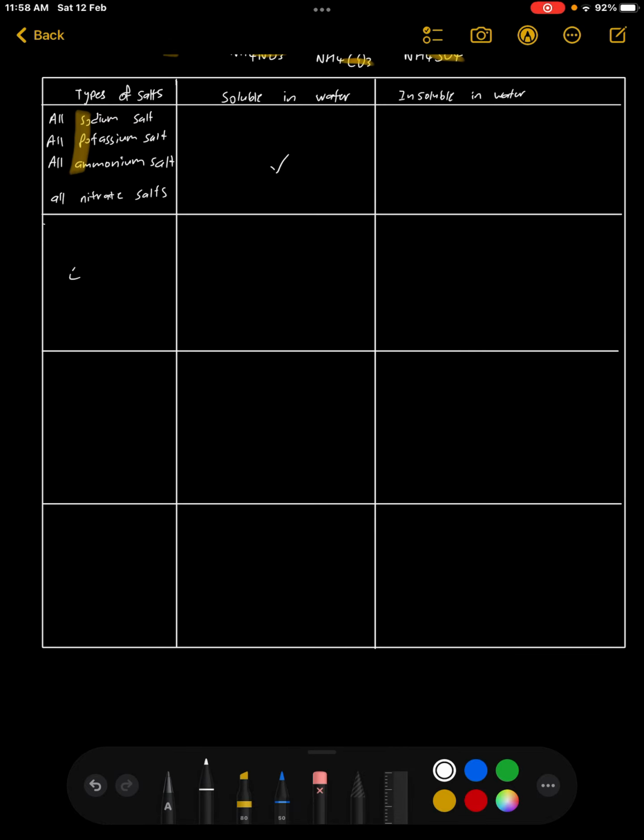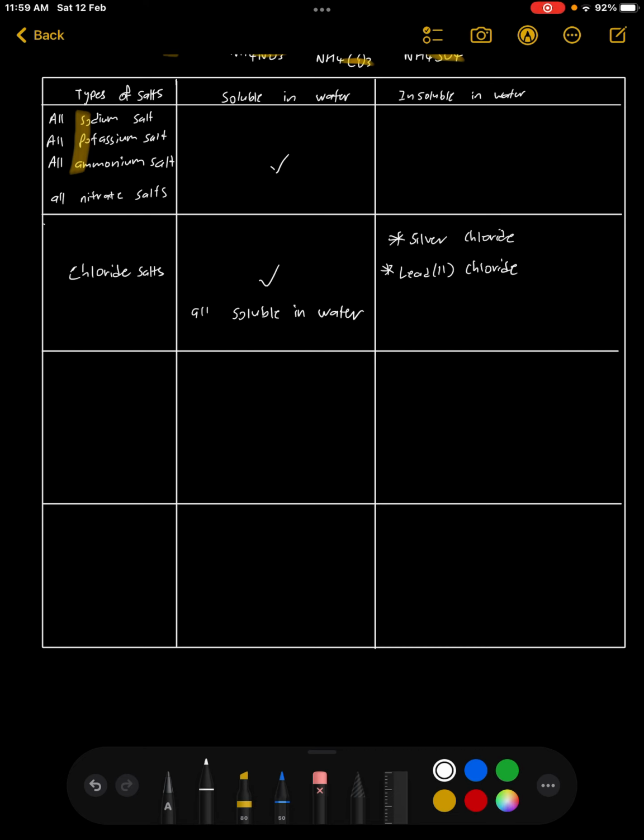For our chloride salts, they are all soluble in water, but there are 2 insoluble salts. So first we have silver chloride and we have another salt known as lead(II) chloride.